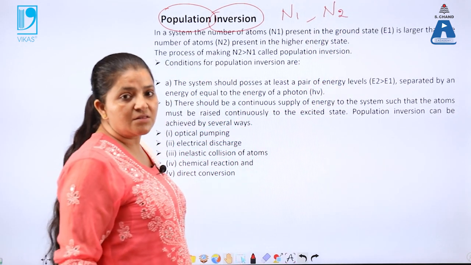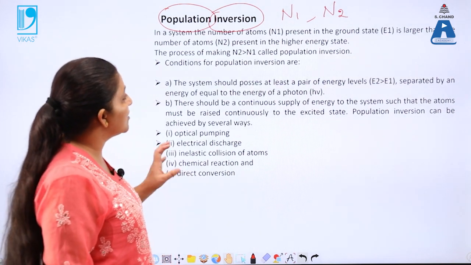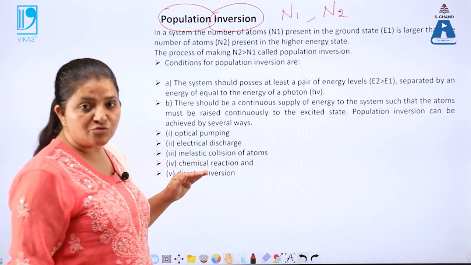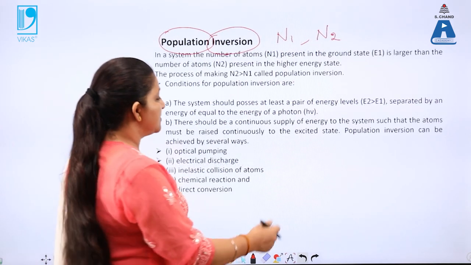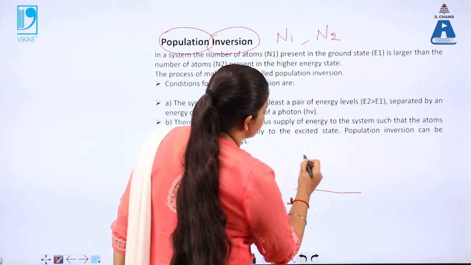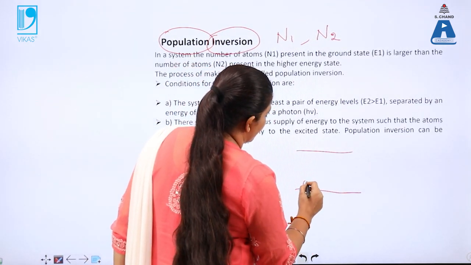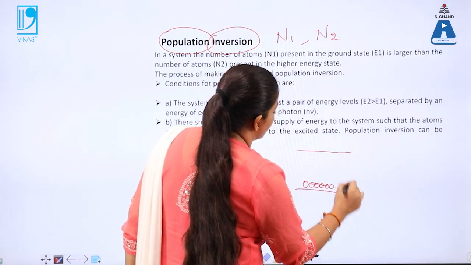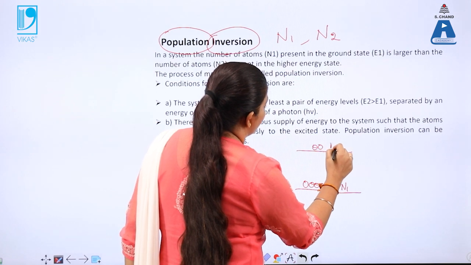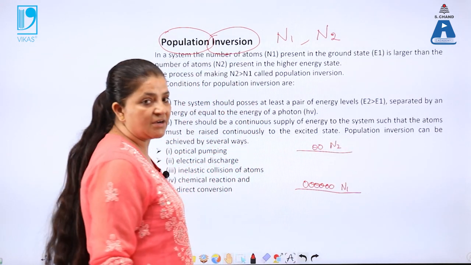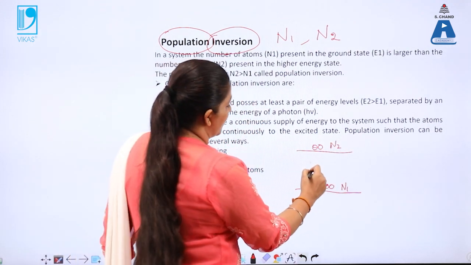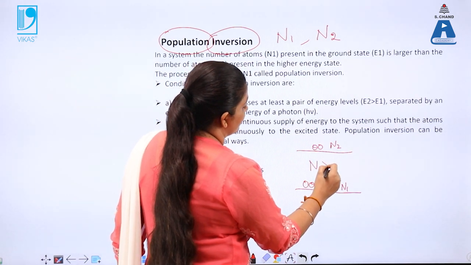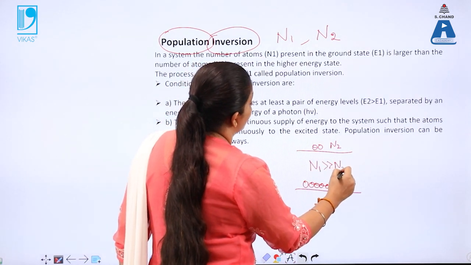Now in the beginning, a large number of atoms are present in the ground state. If this is the ground state and that is the excited state, the number of atoms N1 in the ground state and N2 in the excited state, in the beginning N1 must be very much greater than N2.